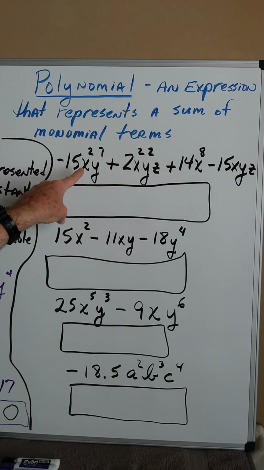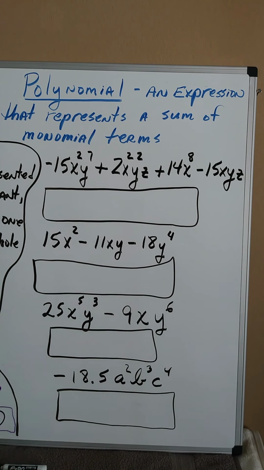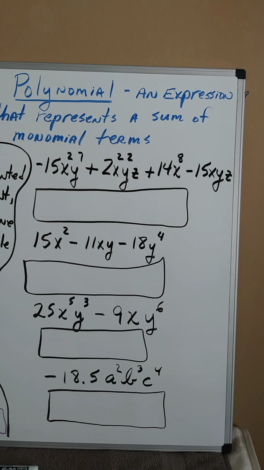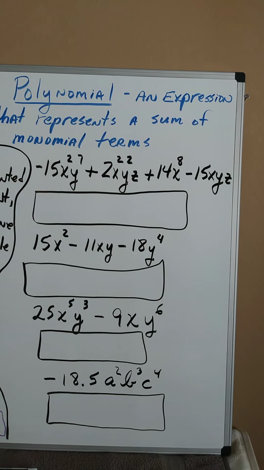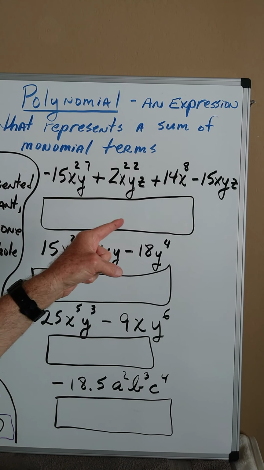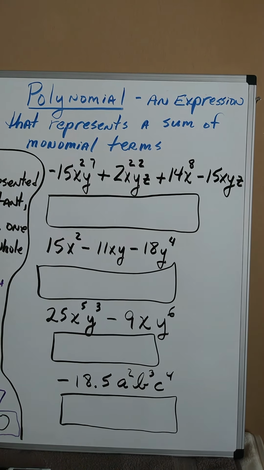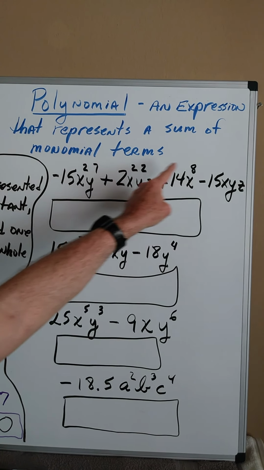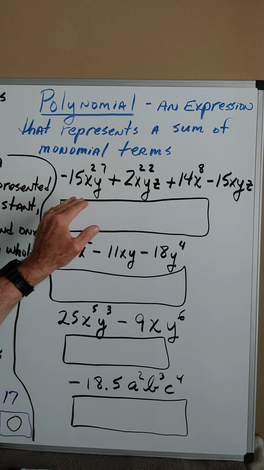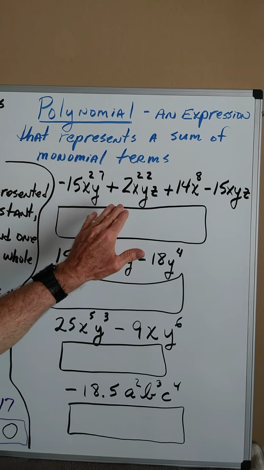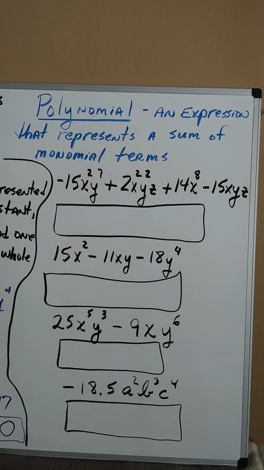-15 x squared y to the 7th plus 2x squared y squared z plus 14x to the 8th minus 15xyz. This is a polynomial expression because it represents a sum of monomial terms.